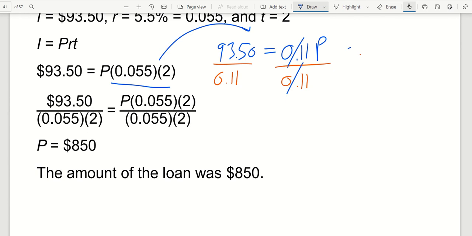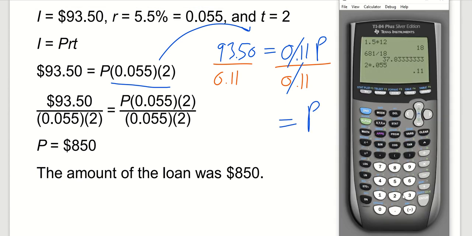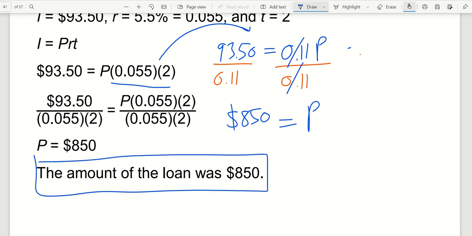These will cancel, and what we get is P equals 93.50 divided by 0.11, and it would be 850. So the principal, or the original amount of money borrowed, would have been $850.